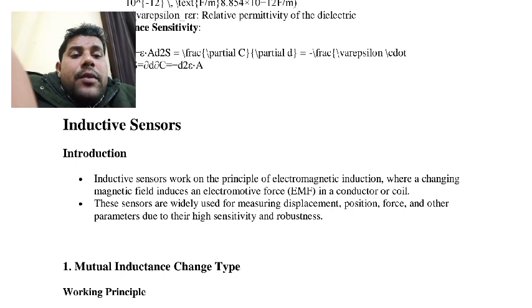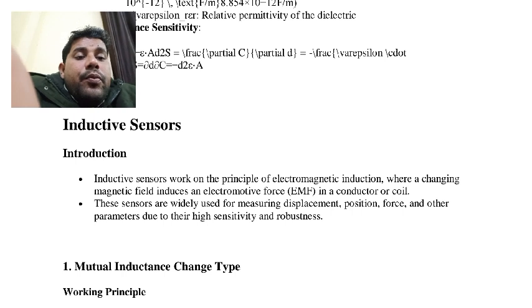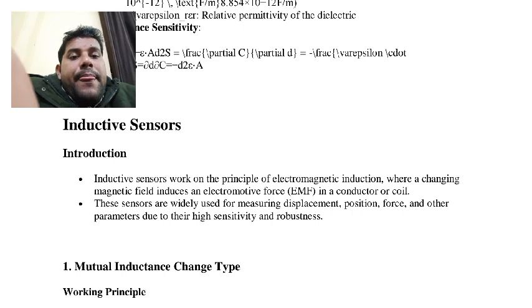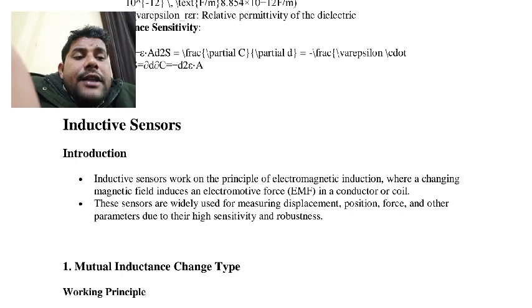Inductive sensors work on the principle of electromagnetic induction, where a changing magnetic field induces an electromotive force (EMF) in a conductor or coil.